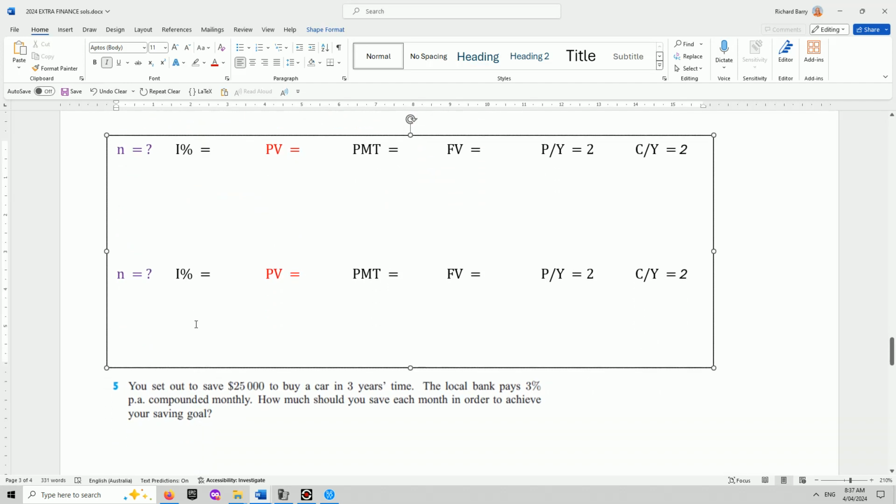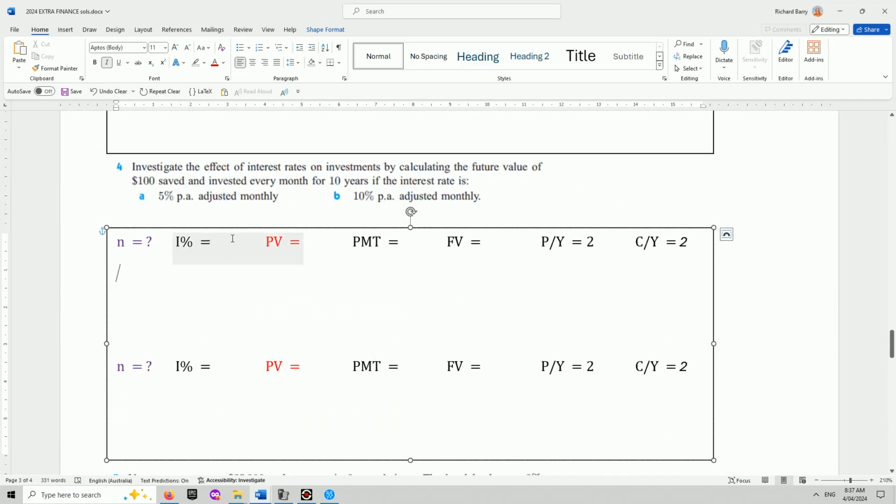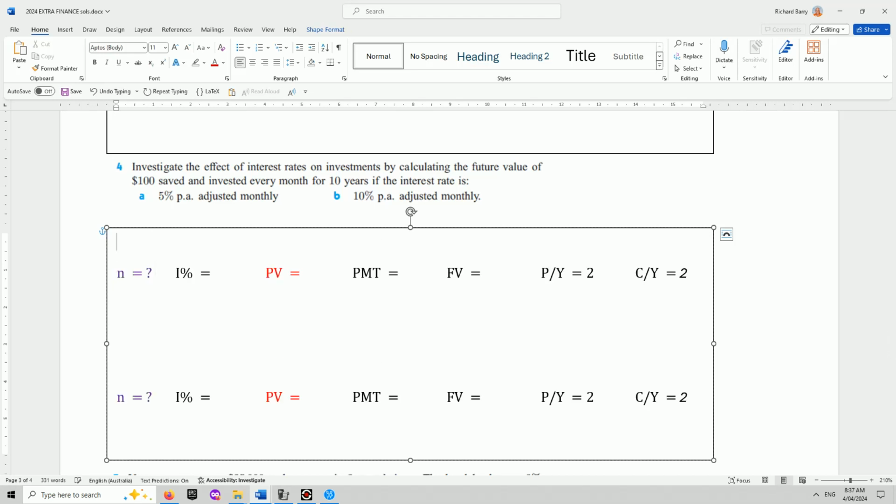So what's going on in this question is that this is an investment every month. Hidden in the words here is that you're paying every month. So paying in $100 every month.